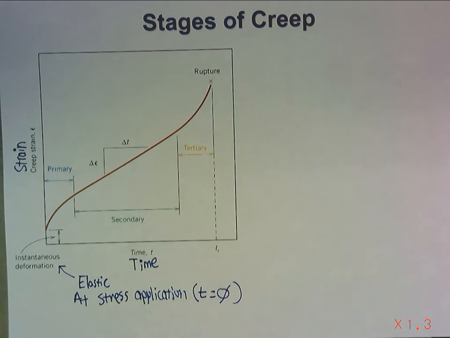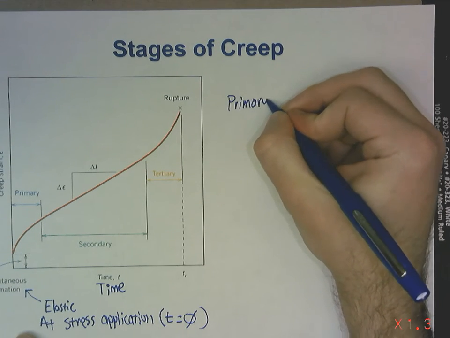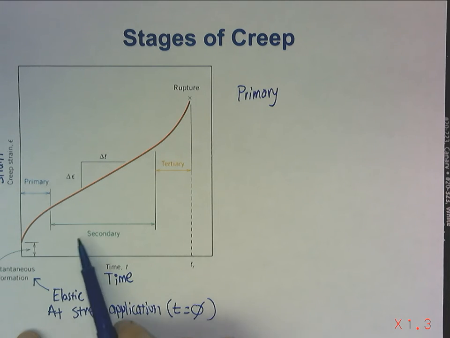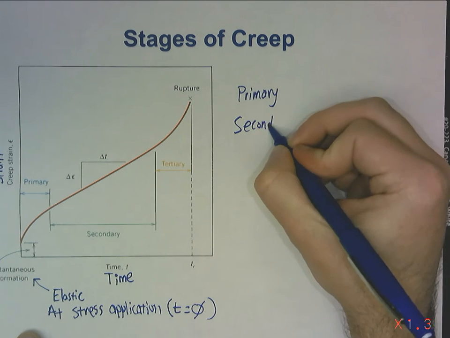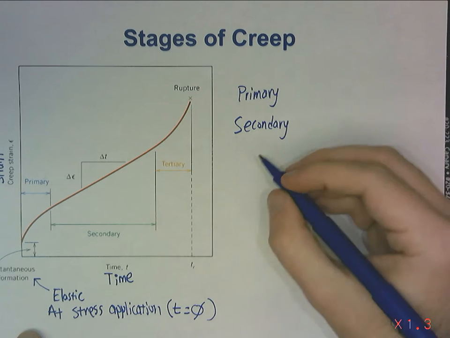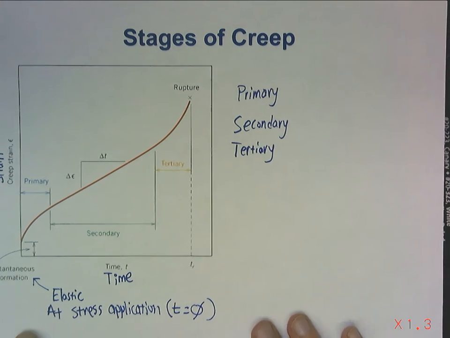Now we have a stress and the clock starts ticking. We will get primary creep. We will get secondary creep. And then tertiary creep.